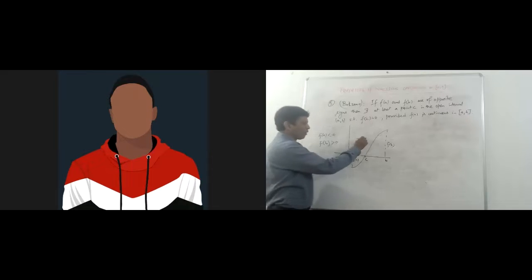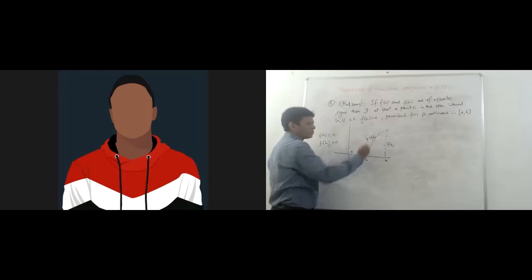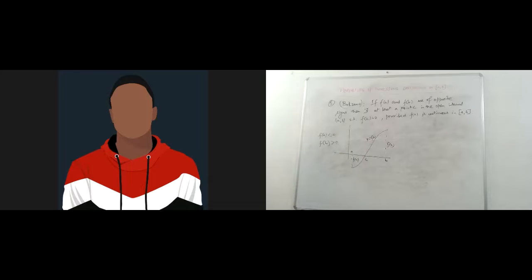So what do you mean by Bolzano? If a and b, this is the function y equals f(x). It's very important. Inverted E, there exists. So you see the graph.